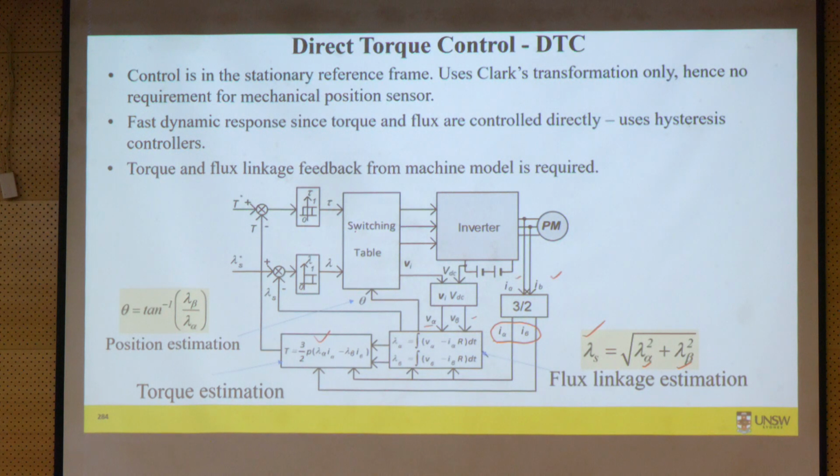The output of this lookup table is the space vector information, or which switches need to be turned on for how long, and accordingly your inverter turns on and off. So we don't use PWM, we don't use SVM, we simply use the output of a switching table to switch on certain switches at certain times.